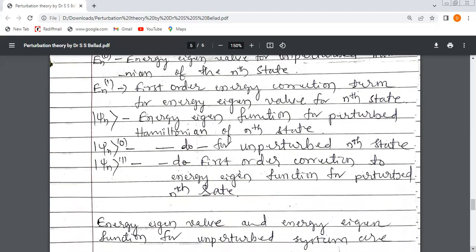Similarly, this psi n of 0 is the energy eigenfunction for the unperturbed nth state. And this is for the first order correction.